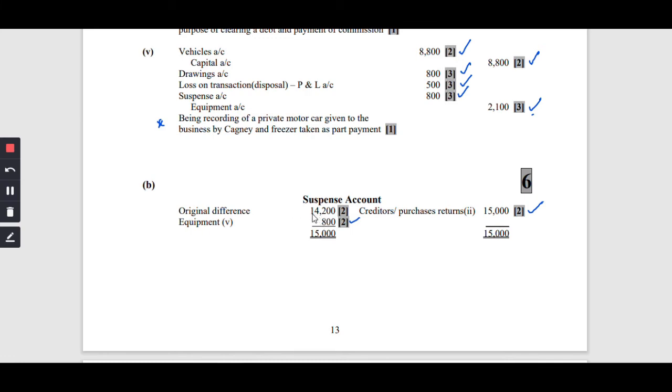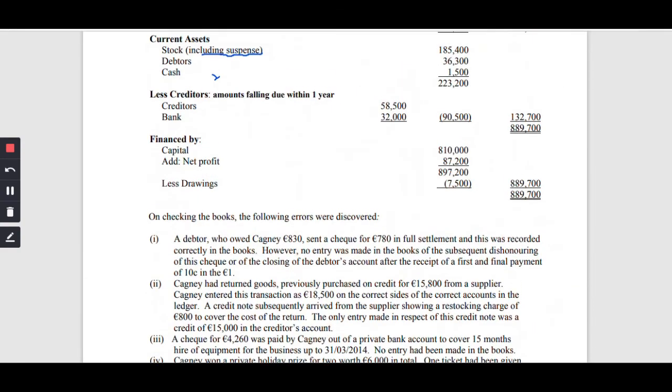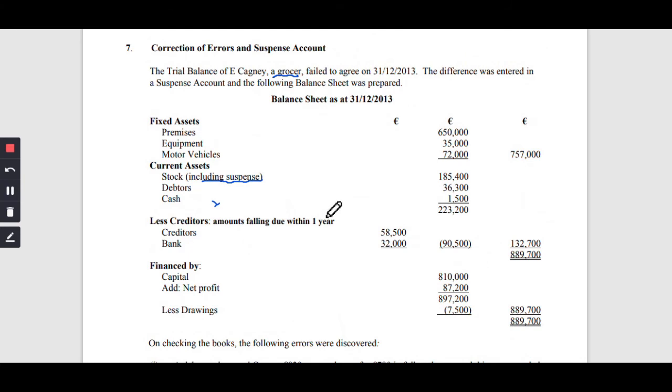Now what I would say, the difference being on the debit side means it would be brought down to the credit side. So when you go to your balance sheet, that 14,200, I'm just going to go back up to the question. You're looking for suspense. So here we are, stock including suspense.